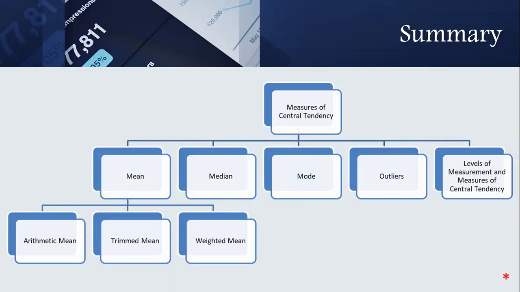We have also discussed the impact of outliers or extreme scores on measures of central tendency. And finally, we have discussed the relationship between levels of measurement and measures of central tendency, and how we utilize levels of measurement in order to determine which measures of central tendency are most appropriate to report.